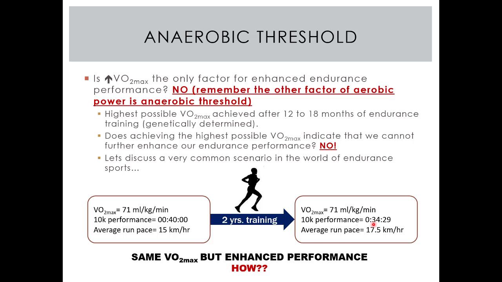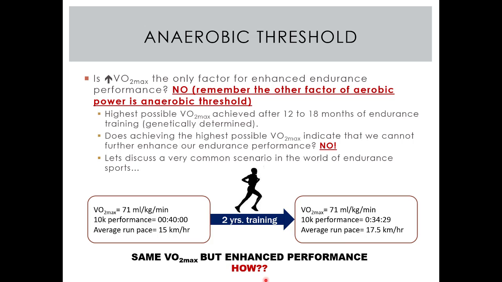And that was because his average run pace or workload during the 10K improved from 15 kilometers per hour to 17.5 kilometers per hour. So even without an increase in VO2 max or aerobic capacity, there was a significant improvement in aerobic power and thus muscular endurance, and 10K performance or average workload improved accordingly.